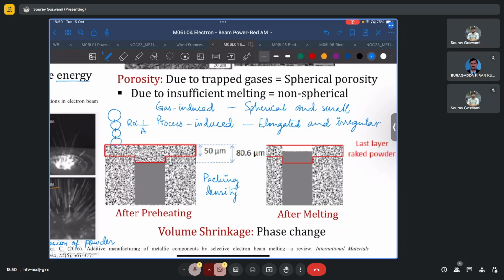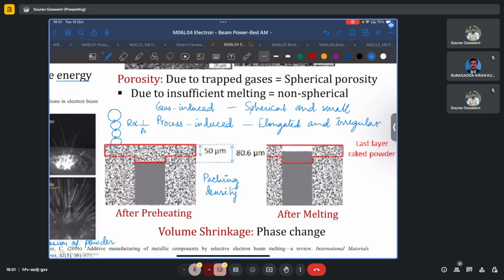In such cases, the shrinkage due to phase change will be lower because, as we know, a higher packing density implies fewer voids. Because of fewer voids, even though there will be a volume change from solid to liquid phase, the shrinkage will not be a lot, because typically for metals, the volume does slightly increase when changing from solid to liquid.